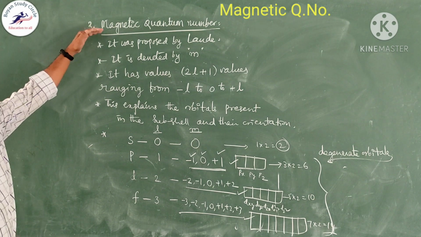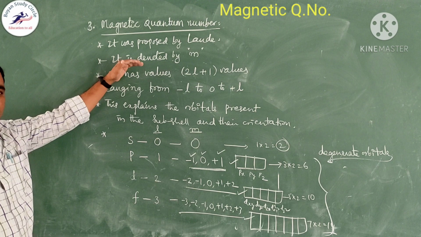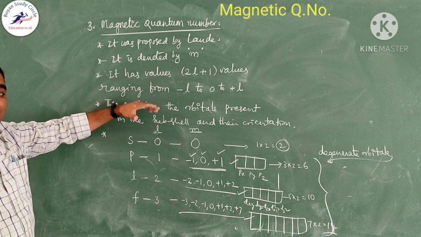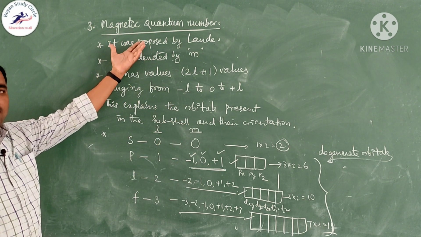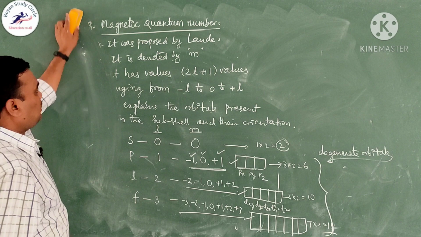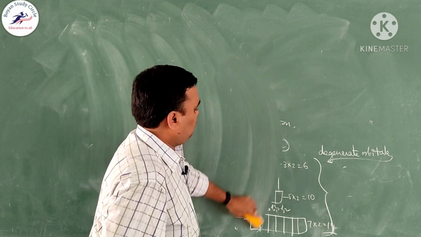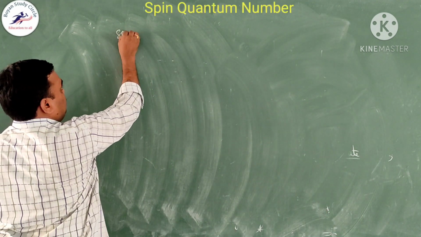So up to now, the main shell was discussed with the principal quantum number, subshells with the azimuthal quantum number, and orbitals with the magnetic quantum number. And the fourth and last quantum number is the spin quantum number.